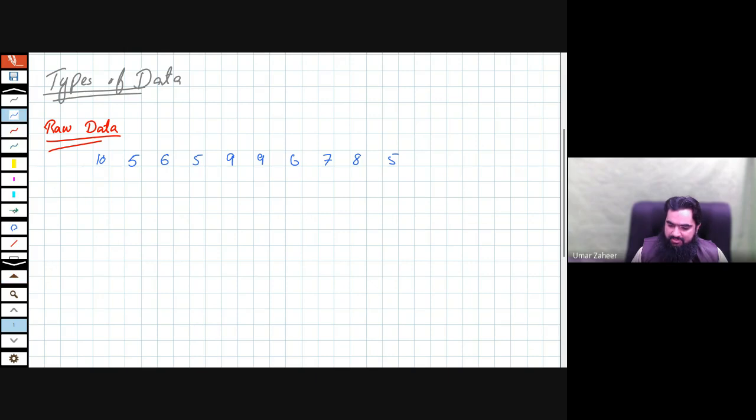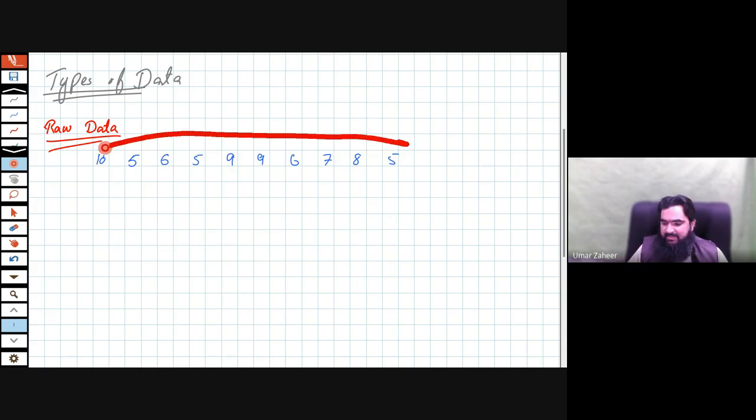So these are the marks of the different students: 1, 2, 3, 4, 5, 6, 7, 8, 9, 10. The total number of students is 10 here.